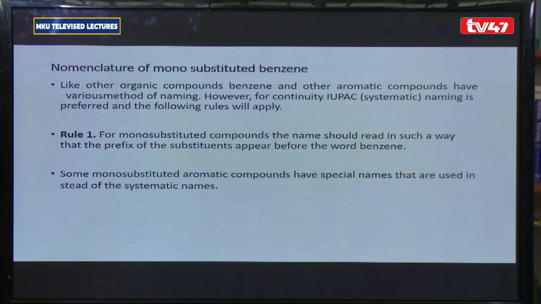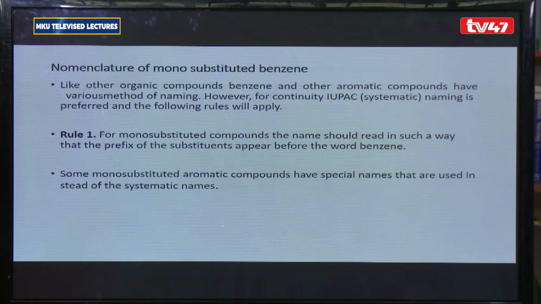So we start with the nomenclature of monosubstituted benzene compounds. Now, the nomenclature of monosubstituted benzene compounds is basically simple as per the IUPAC system. You of course know the IUPAC system is the internationally accepted system, and IUPAC stands for International Union of Pure and Applied Chemistry.